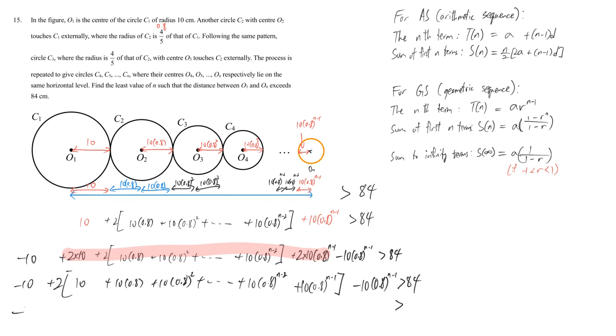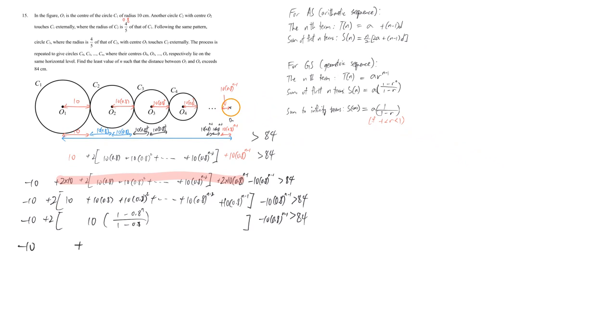So we continue and apply the formula. A, the first term, is 10. And then we have 1 minus r power of n over 1 minus r. Make sure you memorize the formula correctly. So this is 1 minus 0.8 power of n over 1 minus 0.8.